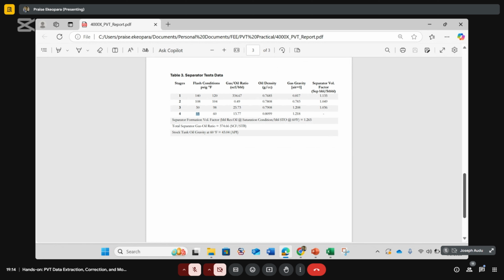Then you are seeing those C7 plus, the impurities, nitrogen, and the likes. You see them with their various mole fractions and other parameters, eccentric factor, and the like. So depending, but those ones are very key when we are doing compositional modeling, right?